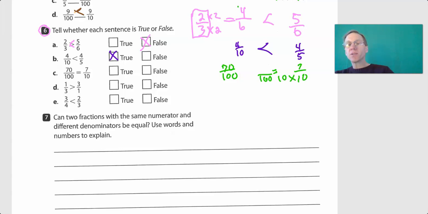So that means I have to multiply this times 10. I did it again. 10 times 7 is 70. Those are equal. So actually, 7/10 is the same as 70 hundredths. That's true.